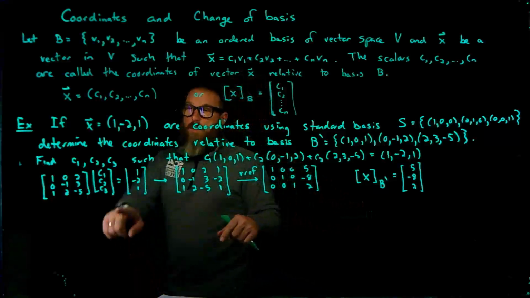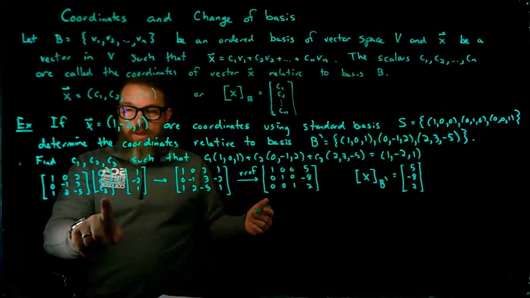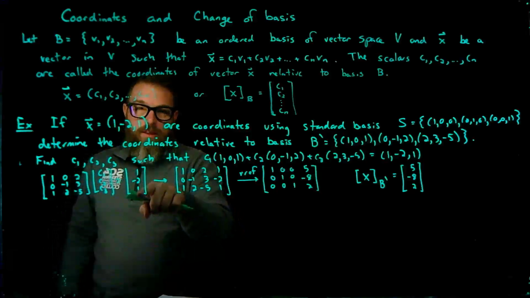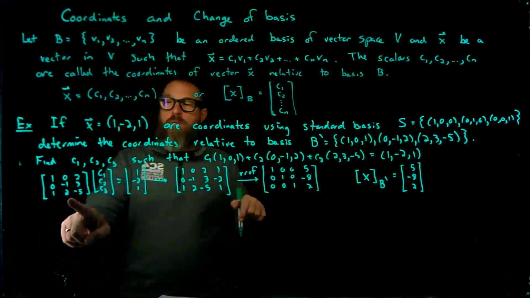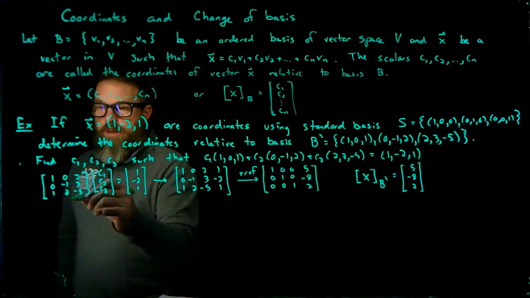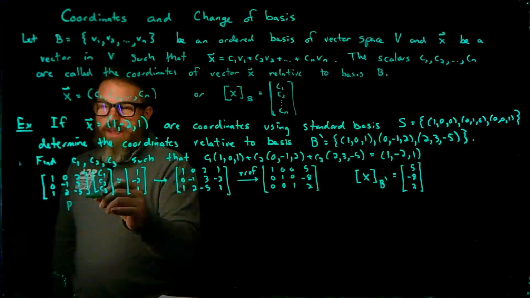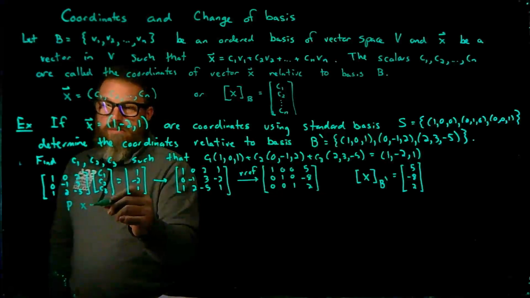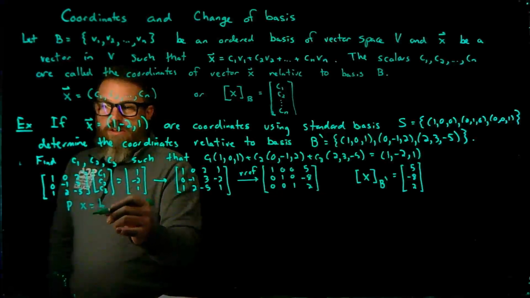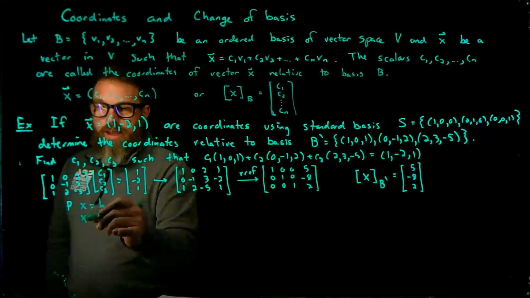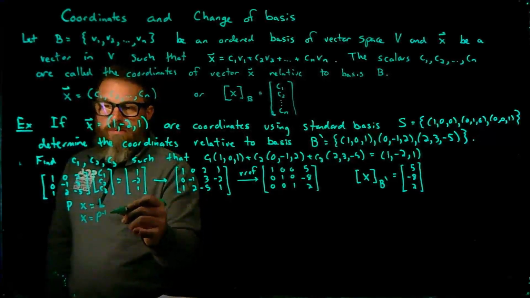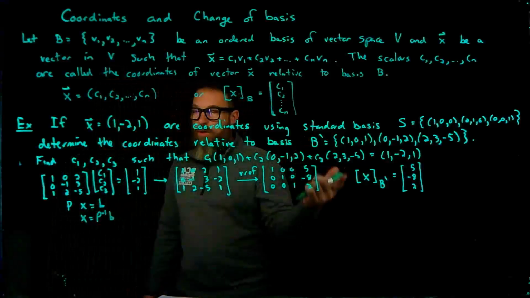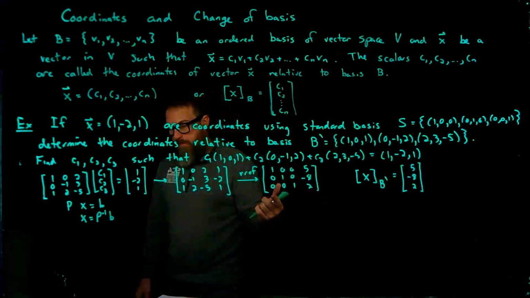So if I wanted to find C1, C2, C3, I have to multiply by the inverse of this particular matrix. So I have some matrix P right here, multiplied by this matrix C, let's call it X, is going to be equal to this matrix B. So another way of saying this is that X, the C matrix, would be equal to simply P inverse times that B matrix. So I could actually find the coordinates through matrix multiplication instead.